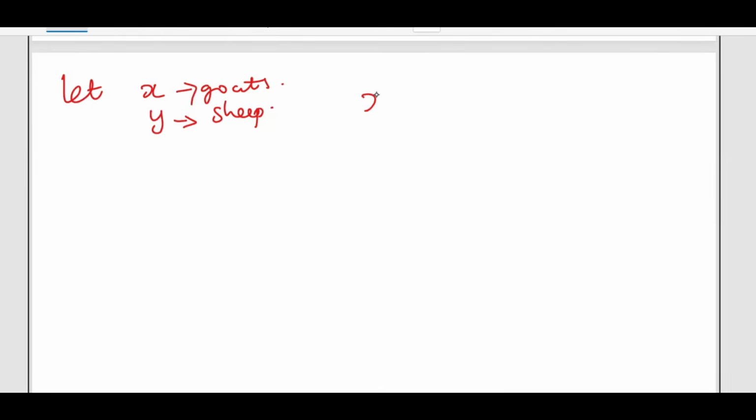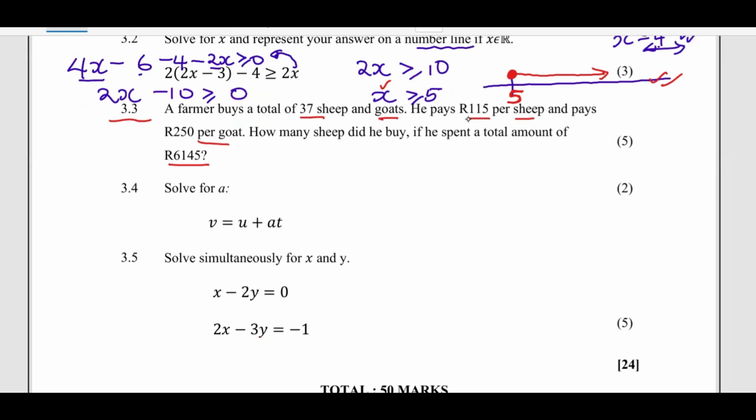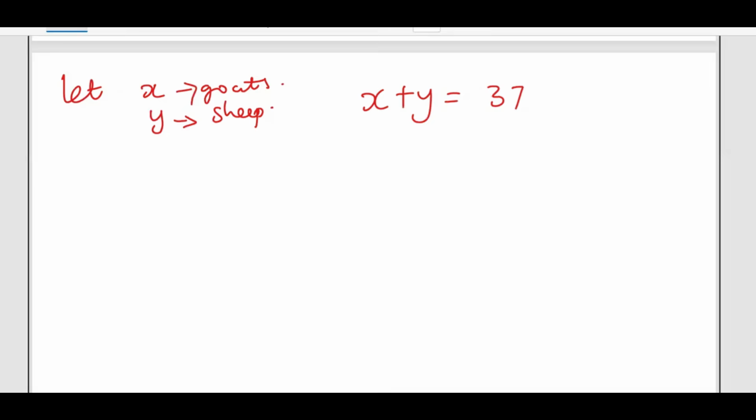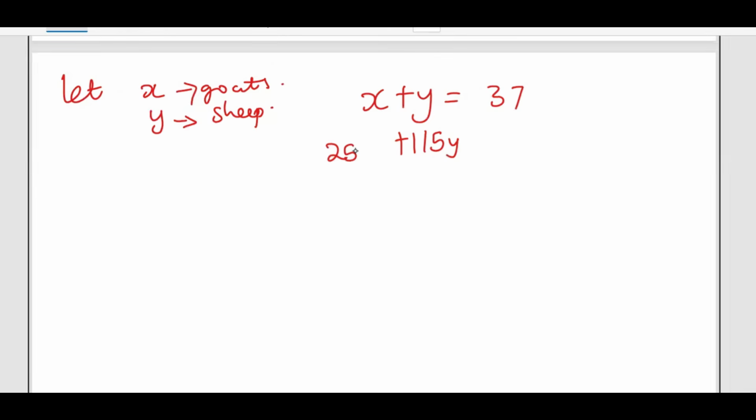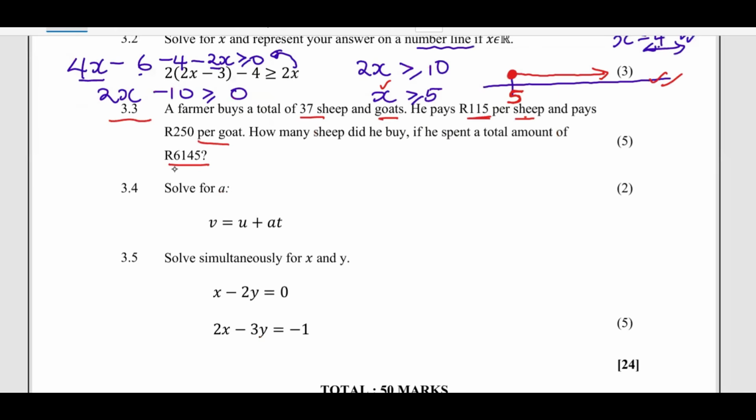Meaning that if we get X plus Y, we must get 37. And then 115 per sheep, so it's going to be 115 multiplied by Y, plus the goats are 250, this is going to be 250 of X, must give us a total of 6145.